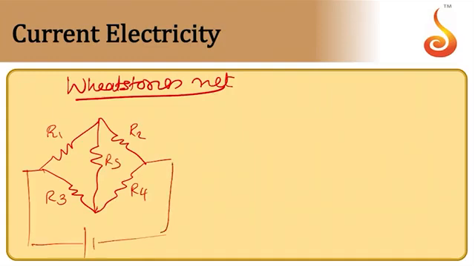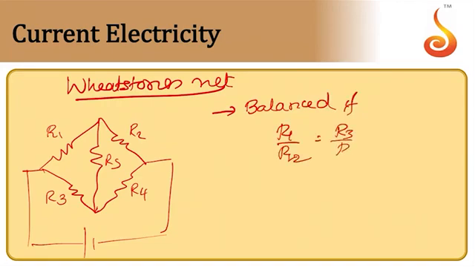Now, this Wheatstone's network is said to be balanced if R1 by R2 is equal to R3 divided by R4 or R1 by R3, you notice, is equal to R2 by R4.